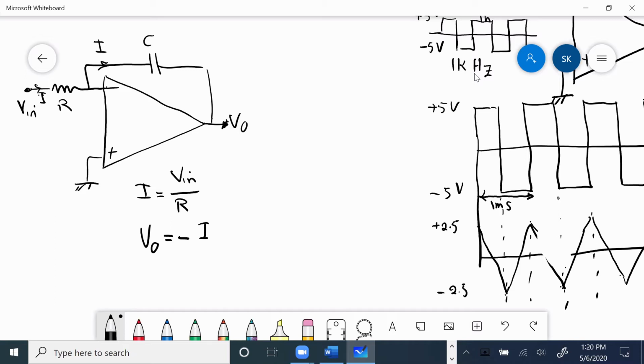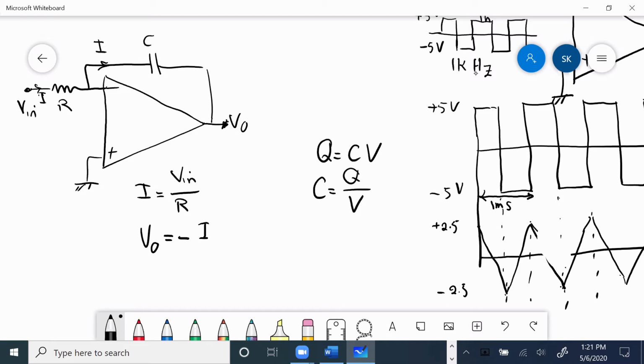How can I say it so that I don't really have to spend a lot of time? Q is equal to CV. If I just say C is Q over V, are we following?